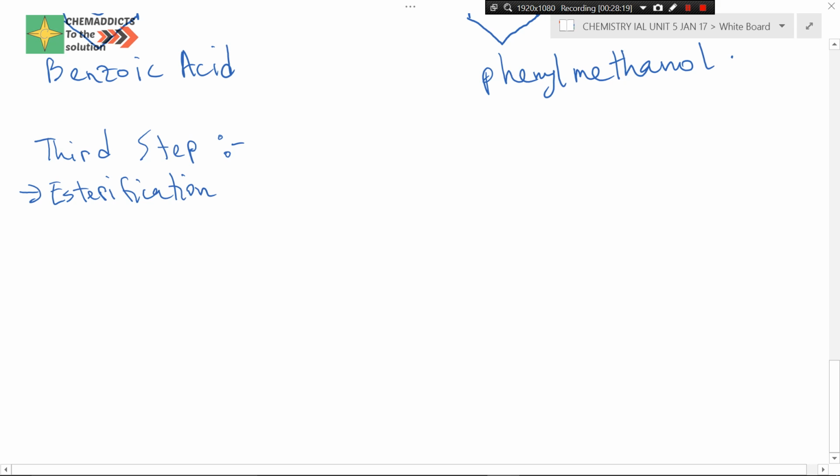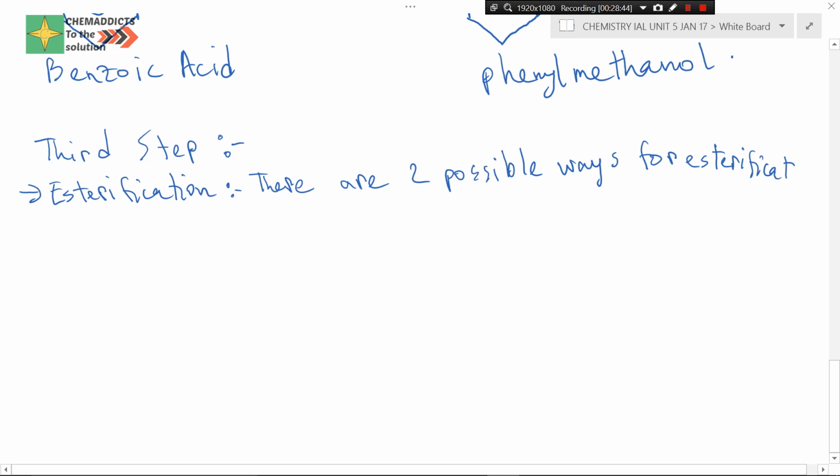There are two possible ways of esterification. Let's talk part by part.